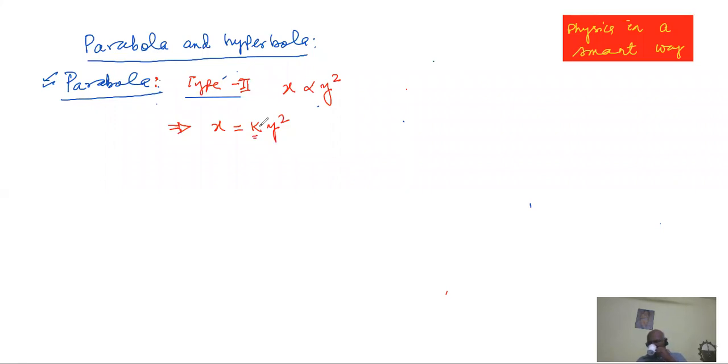But if you try to show the curve, then we can use our common sense.